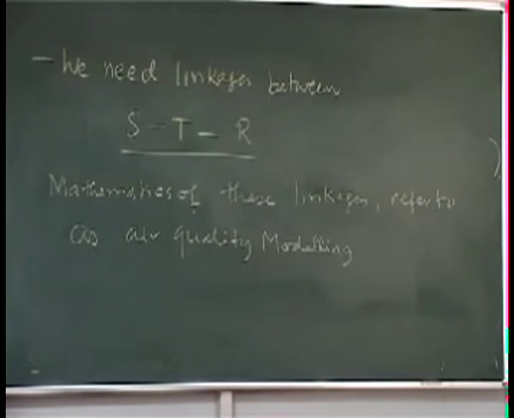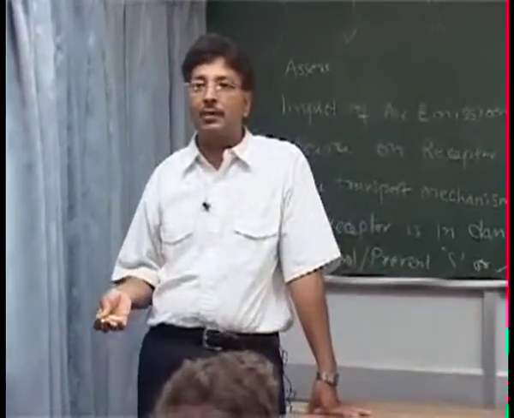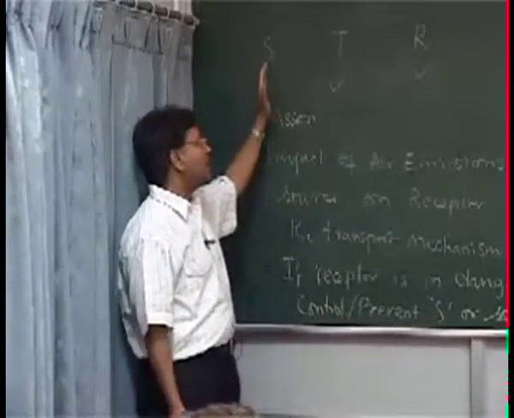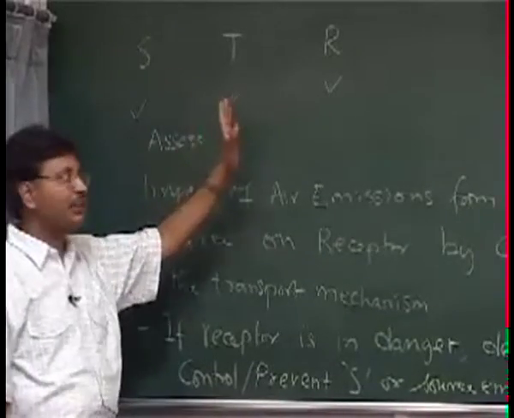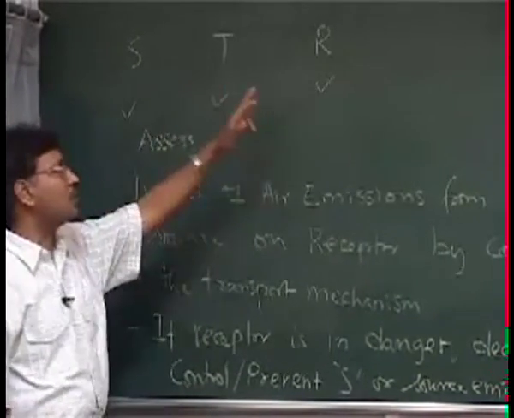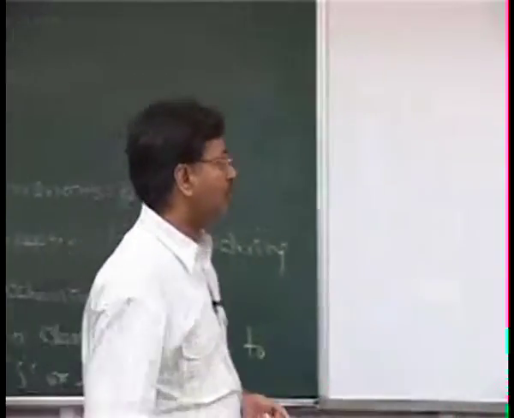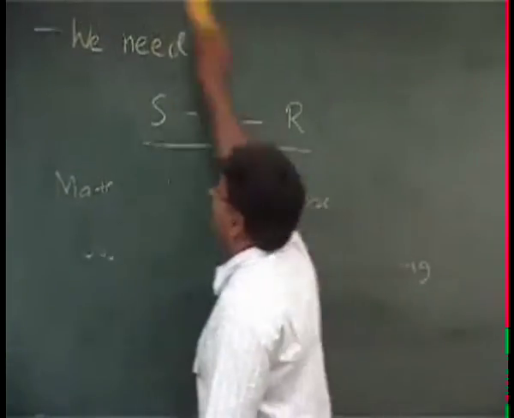So we want to do the modeling part. We'll use the modeling and apply a little mathematics fundamentals, because physics fundamentals we understand. We also understand the chemistry fundamentals. Now we apply the mathematics to get the linkages between source and receptor. So now onwards we will be focusing on the modeling.